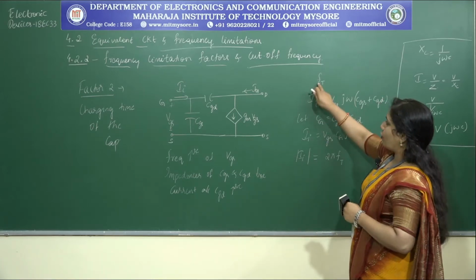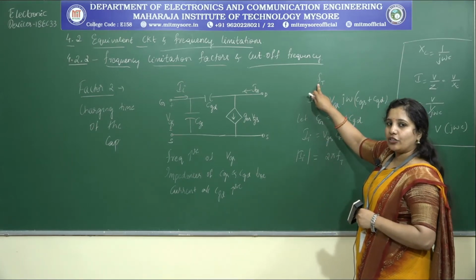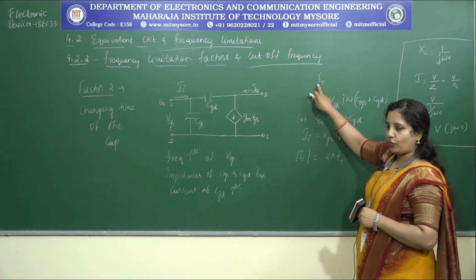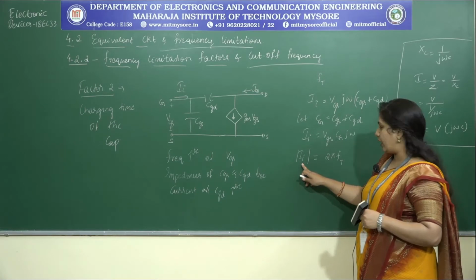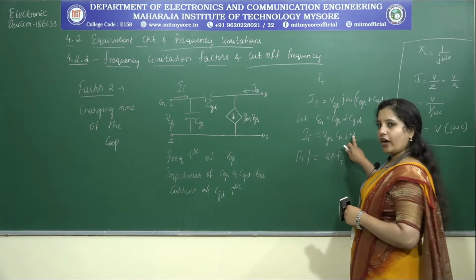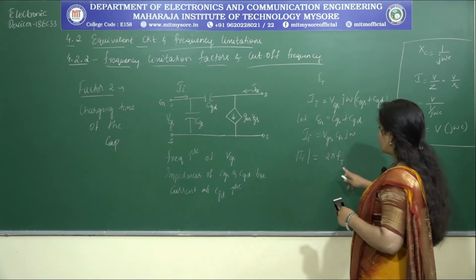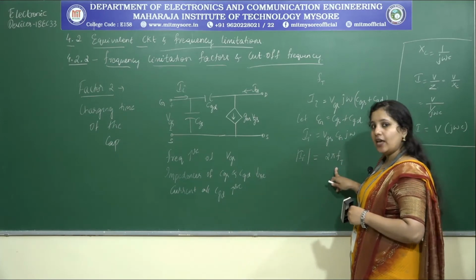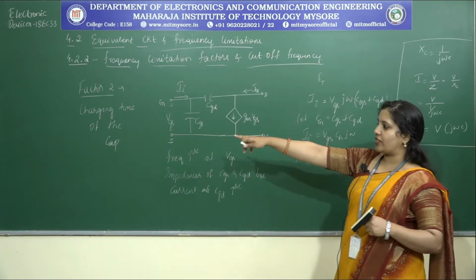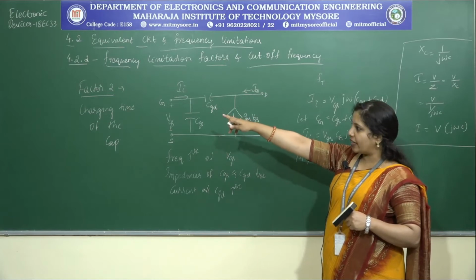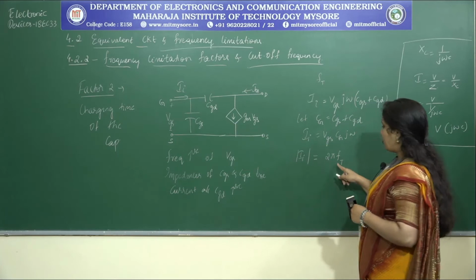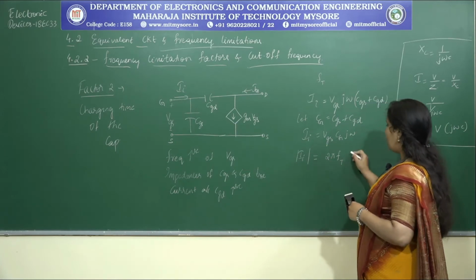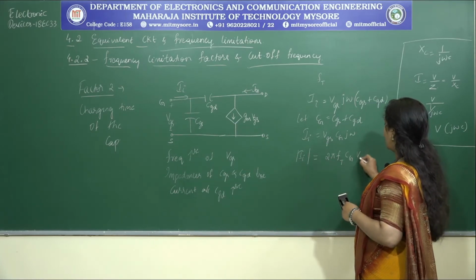What is the condition for cutoff frequency? We know the magnitude of the input current is equal to the magnitude of the output current. Therefore, I am trying to represent the magnitude of the input current, and if I want to represent omega, what is it? It is 2 pi f, and since here I am interested in the cutoff frequency, which in turn relates to the charging time of the capacitor, which is one of the limiting factors that I am considering, I have represented it as 2 pi ft into Cg into Vgs.